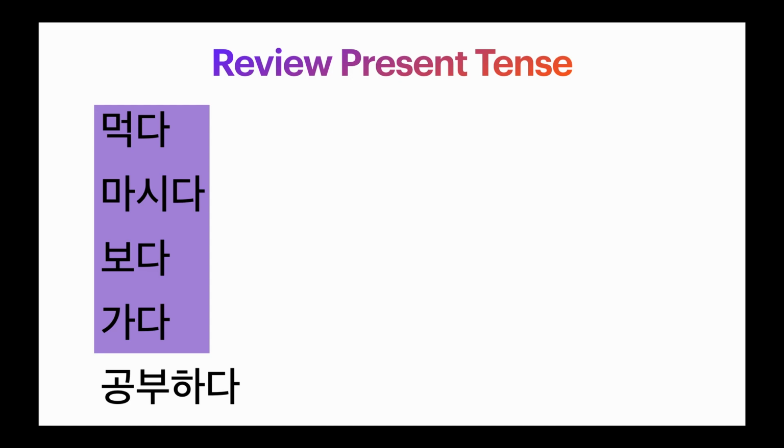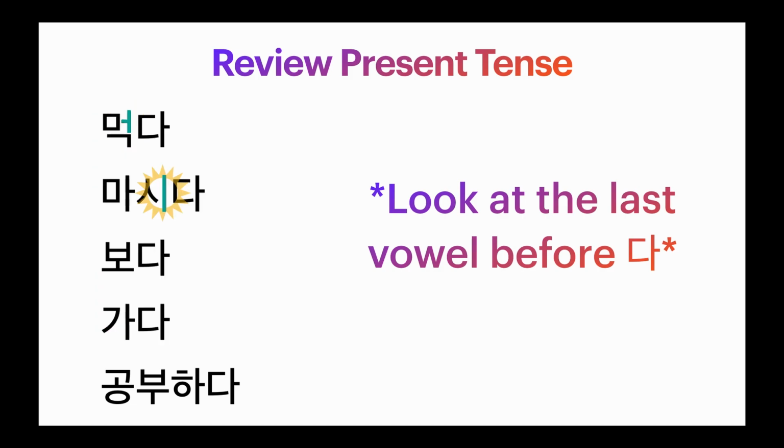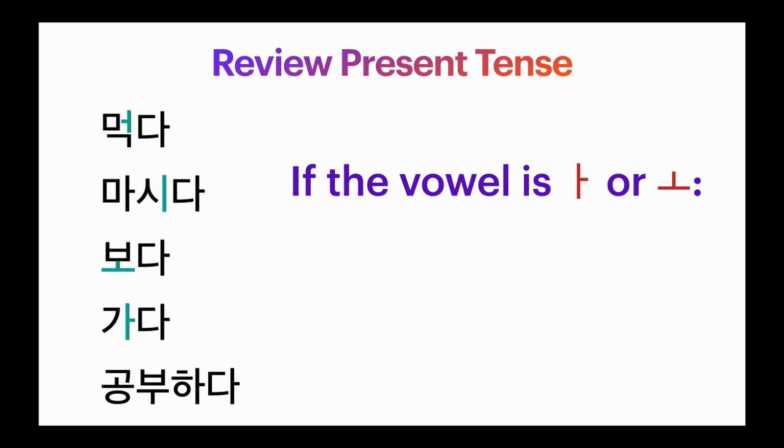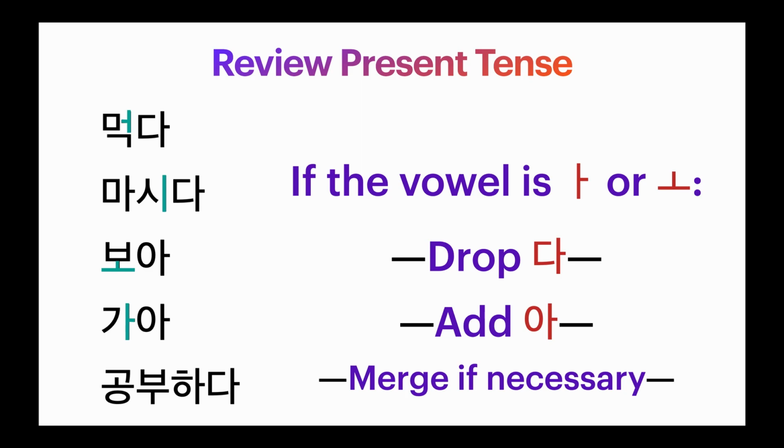For these 4 verbs right here, we have to look at the last vowel before 다, which is ㅓ, ㅣ, ㅗ, and ㅏ. If the last vowel is either ㅏ or ㅗ, then you will drop 다 and add 아, and then merge if necessary.